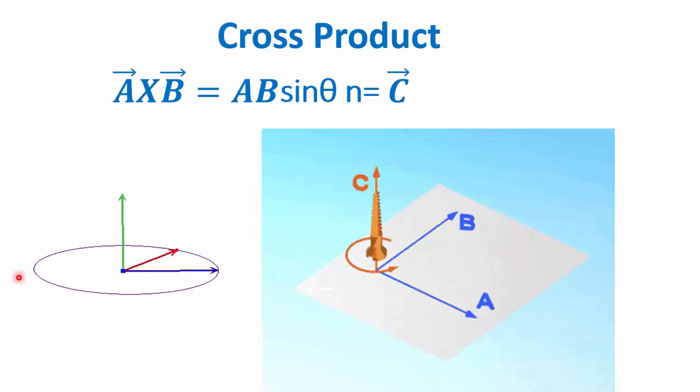I can also show you an animation where if a blue line is a vector a and red is the vector b, and if the angle changes, the value of the product c changes, the direction of c changes in this fashion. So when your angle between these two vectors changes, this green vector, which is the product of a cross b, changes either upward or downward, either toward outside the paper or inside the plane of the paper or the plane of a and b.